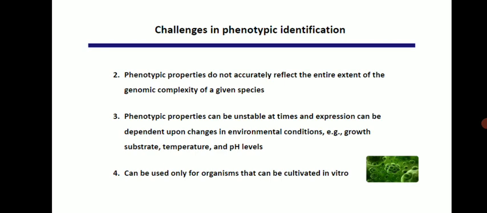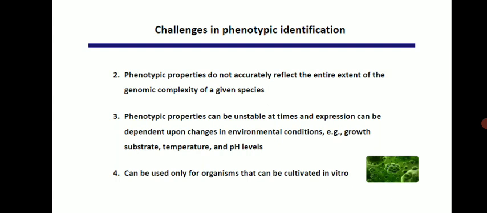Next, phenotypic properties do not accurately reflect the entire extent of genomic complexity of a given species. As I told you before, morphological features alone in microbes are not sufficient to identify a particular species of bacteria. So we have to go to higher tests based on molecular level.